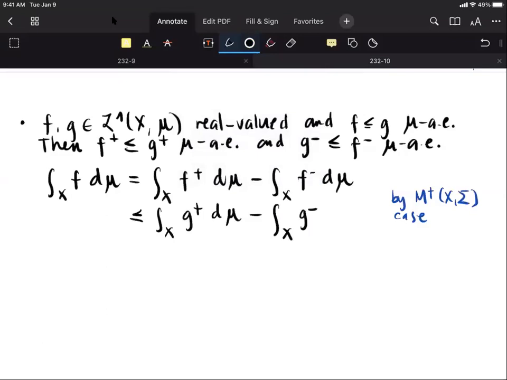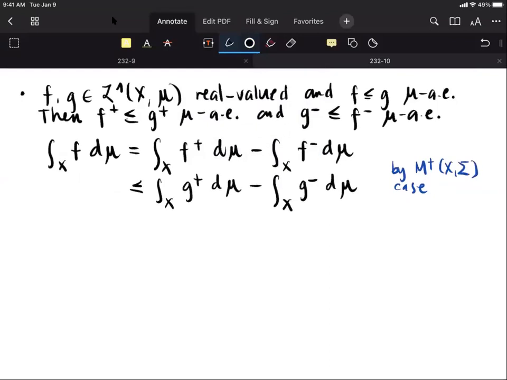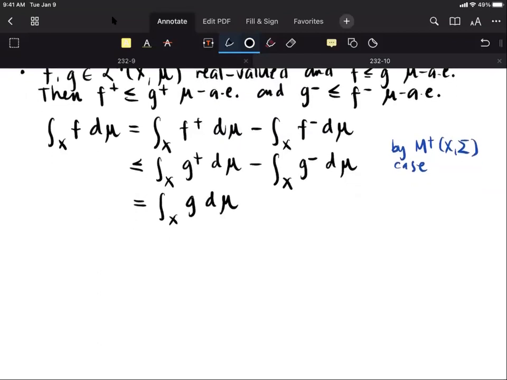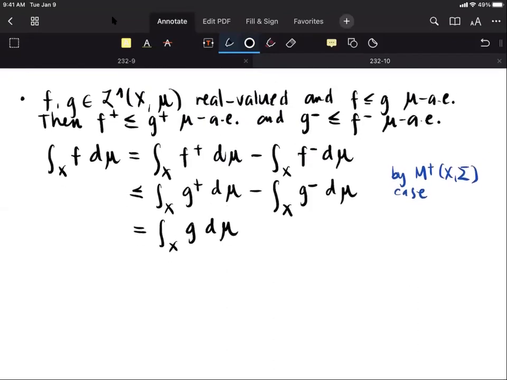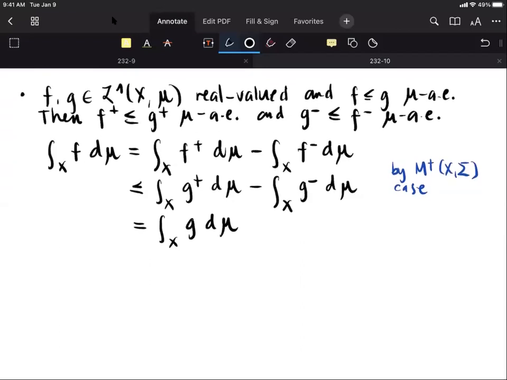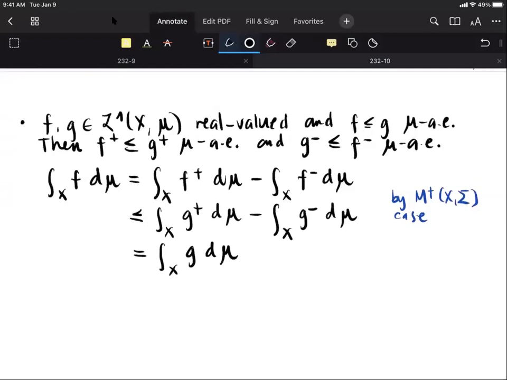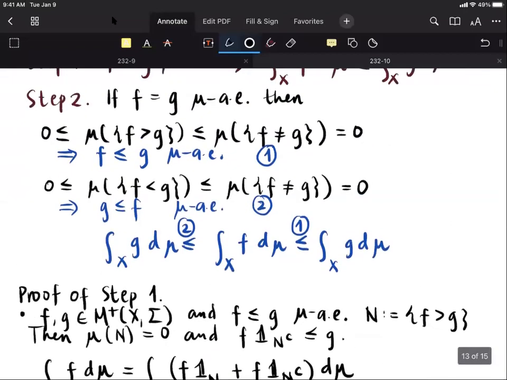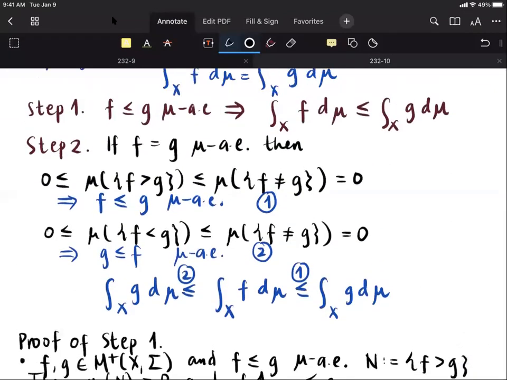And for f minus, after multiplying by a -1, you obtain this second term. However, this is nothing but the Lebesgue integral of g. So that's the case of real valued functions, and that's the proof of the theorem in this case.